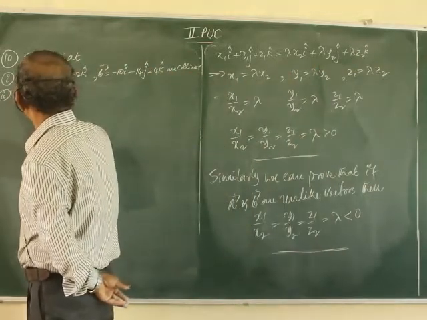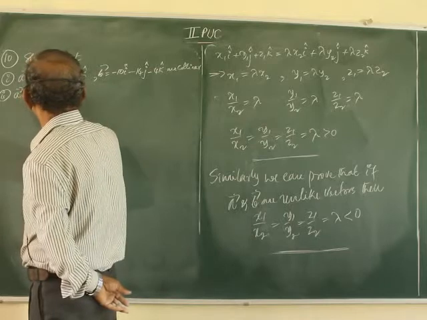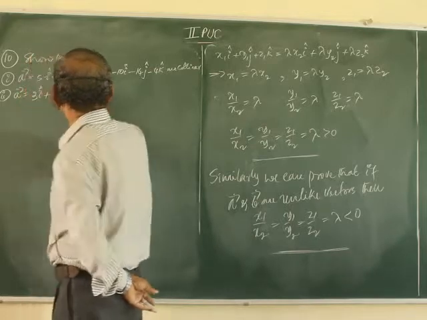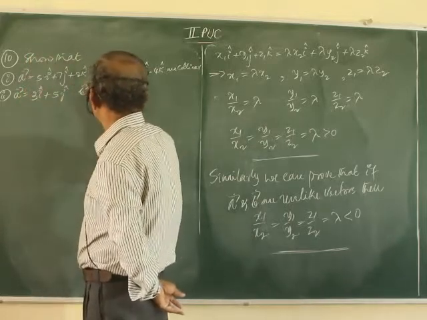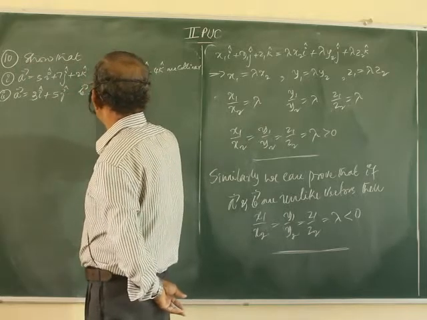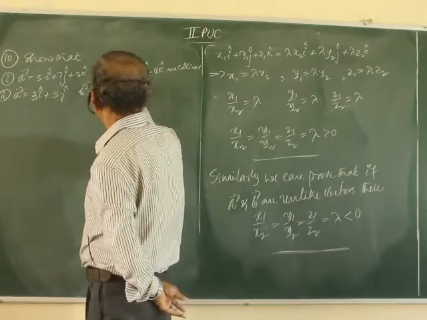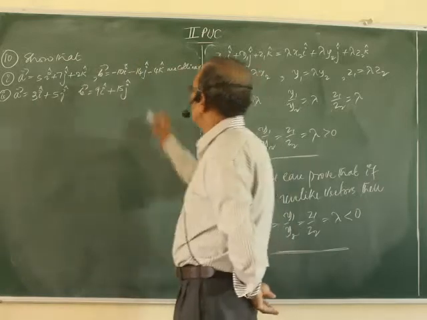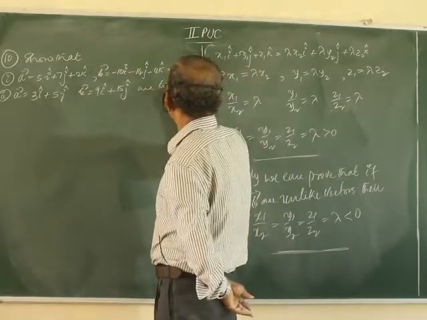A equal to 3i plus 5j, B equal to 9i plus 15j are like vectors.